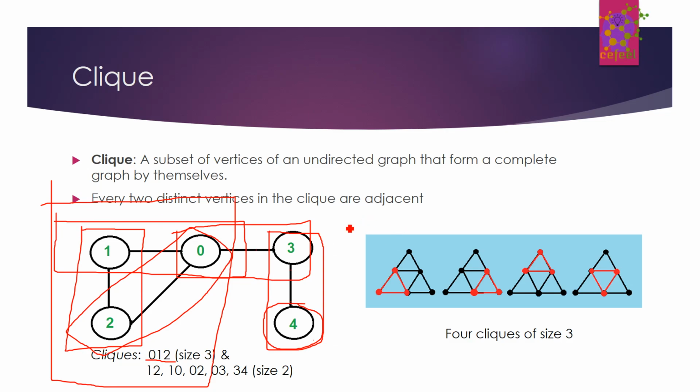On the right side we can see another graph, and there could be more than one clique in a graph of the same size. In this given graph there are 4 cliques, all of size 3, and all are complete subgraphs.